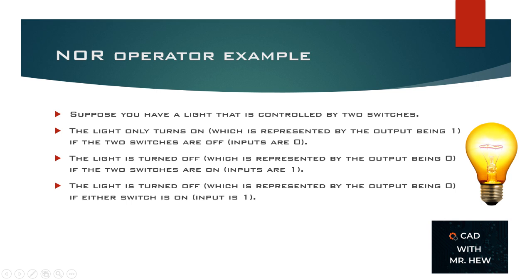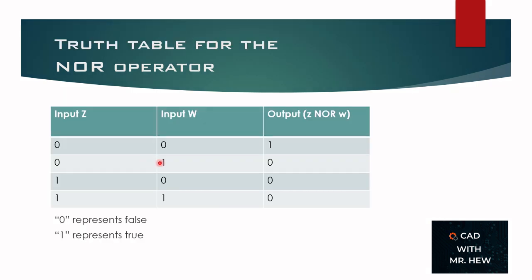The light is turned off, which is represented by a 0, if the 2 switches are on, which are represented by a 1. The light is turned off, which is represented by the output being 0, if either switch is on and the input would be 1, as explained in this truth table.